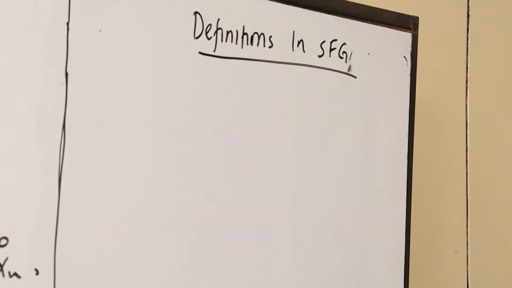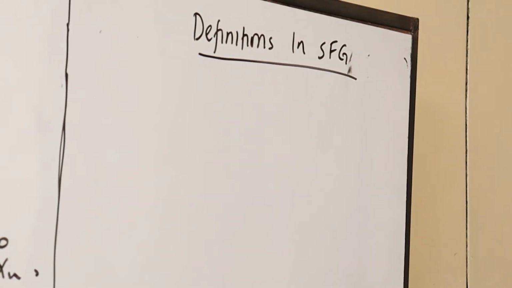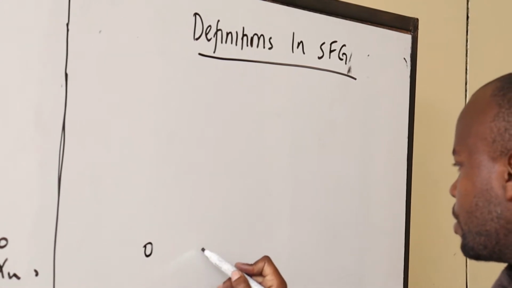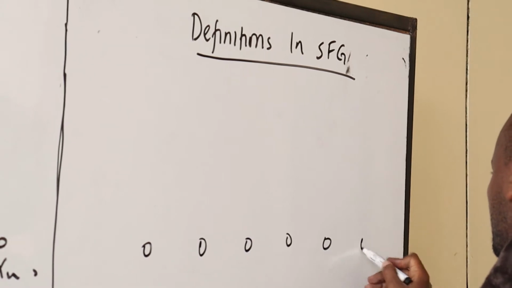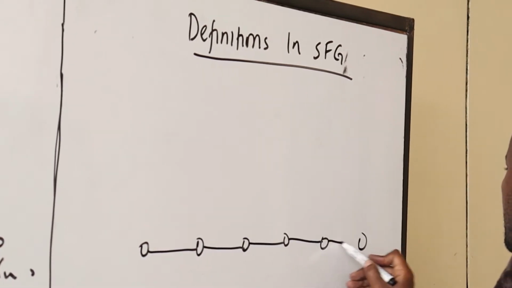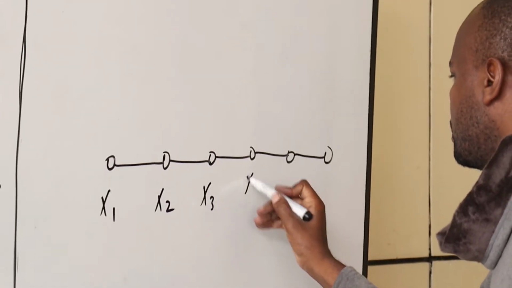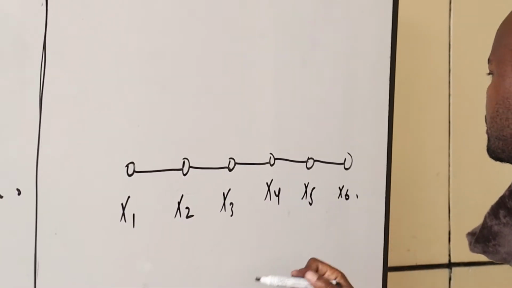And for us to get more about the definitions in signal flow graphs, maybe we can have a small drawing here. So this one is x1, x2, x3, x4, x5, x6.